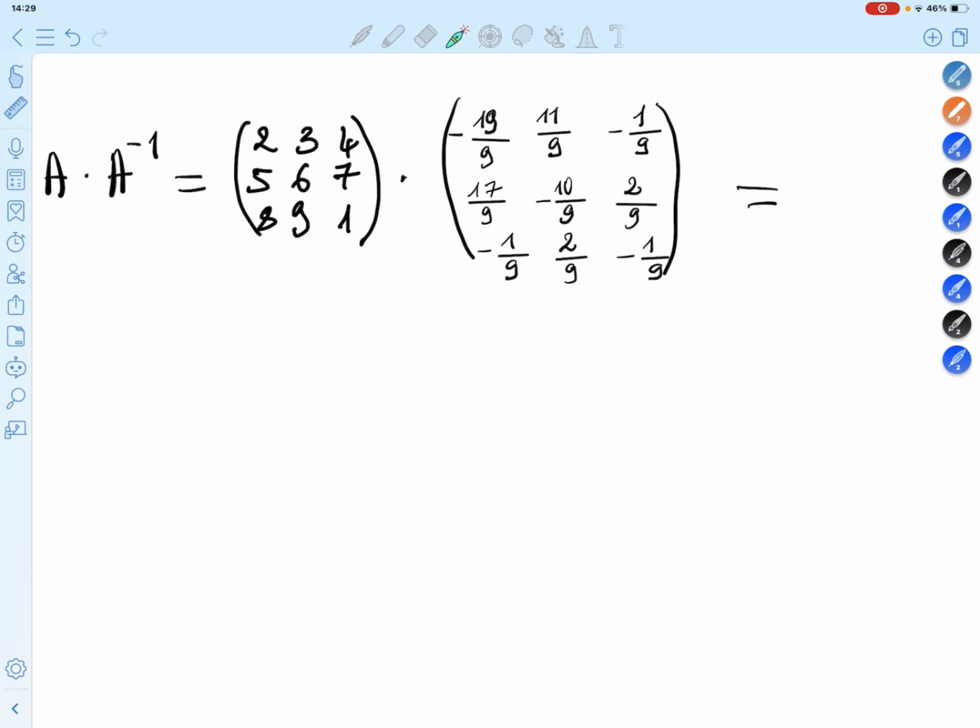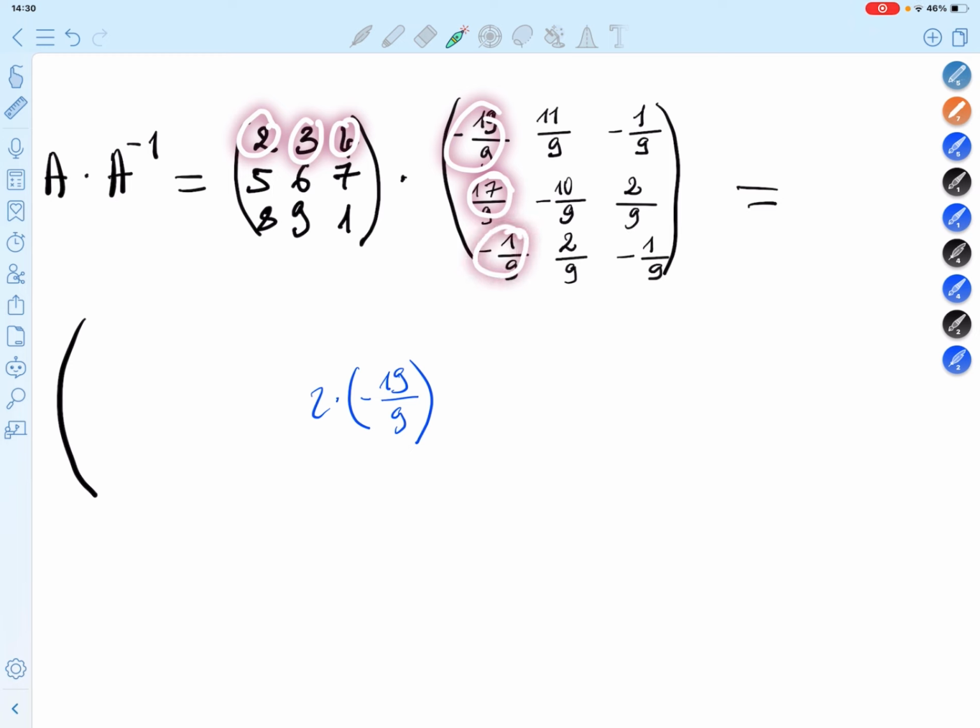Now to multiply this, we would multiply this by this, so we can actually use the calculator, and we are expecting to get 1 when we do the first operation, which is 2 times minus 19 over 9. So we first do this times this plus this times this plus this times this to get the first row, first column. So we got 2 times minus 19 over 9 plus 3 times 17 over 9.